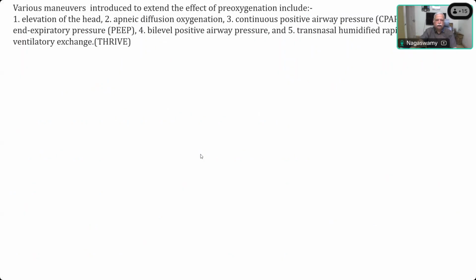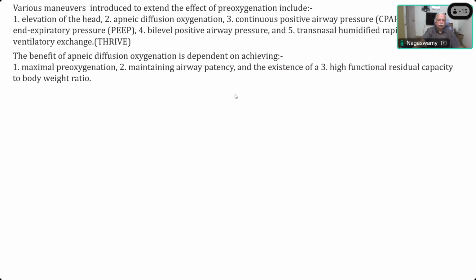And various maneuvers have been introduced to prolong the time to desaturation: elevation of the head so that the diaphragm is pushed down and the basal portions are well ventilated, then apneic diffusion oxygenation, CPAP method or PEEP method, and BiPAP or bilevel positive pressure, and THRIVE. All these things have been used to improve the oxygenation.